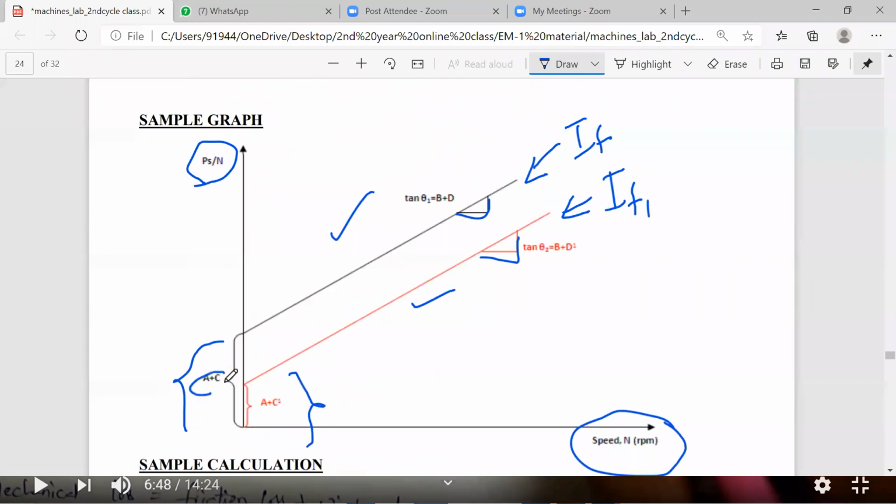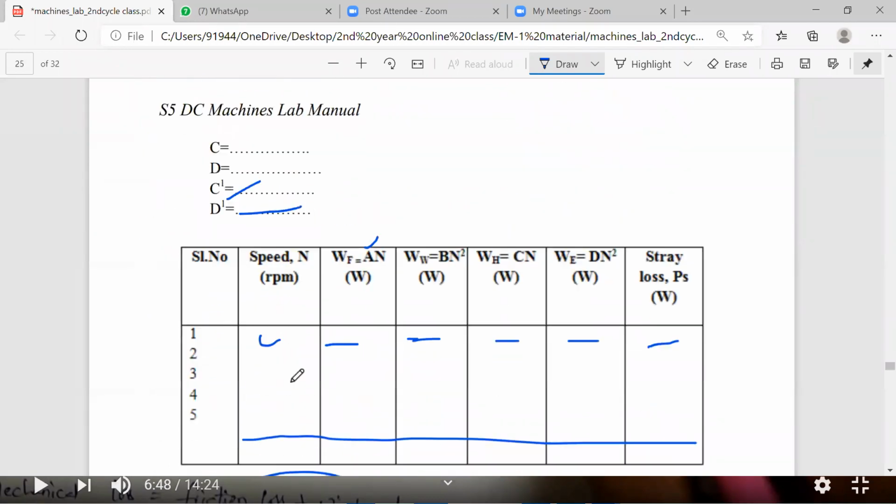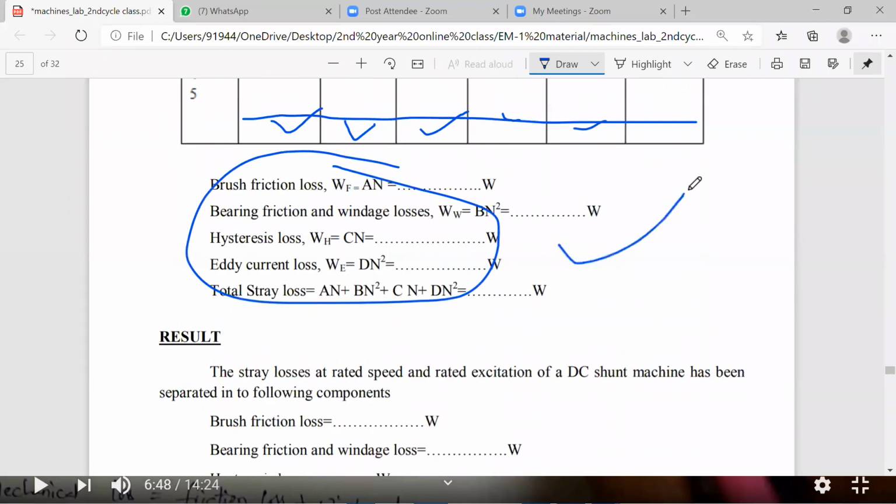From the graphs we obtain A plus C, A plus C dash, B plus D, and B plus D dash. From these we calculate all the quantities, substitute them, and take average values. In this manner, losses are separated in a DC machine.